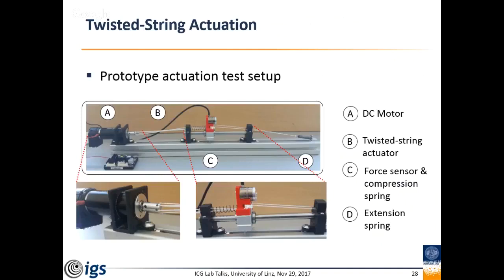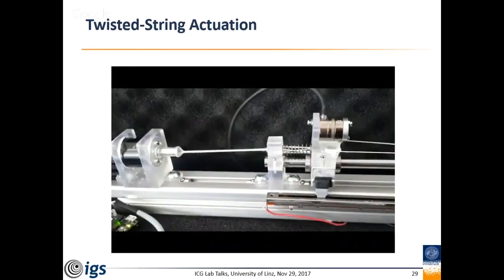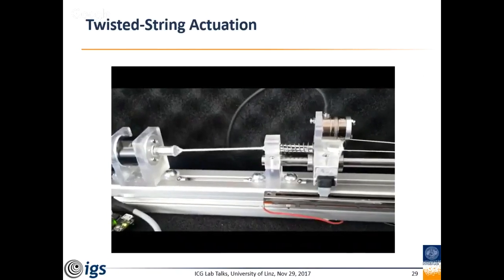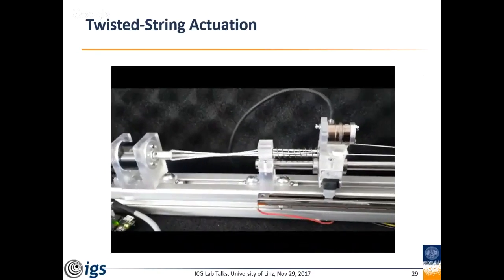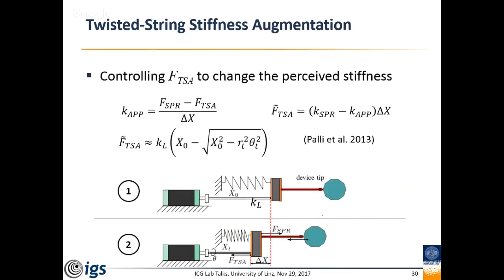Then again, we can use this augmentation on the spring forces. I'll show this on another slide. First, short videos. This is the actuation when it moves. So here, twist and untwist, and accordingly this part moves. Here also we want to use augmentation. That means if we look down here, this is the whole setup.